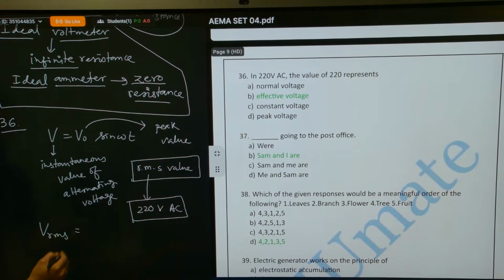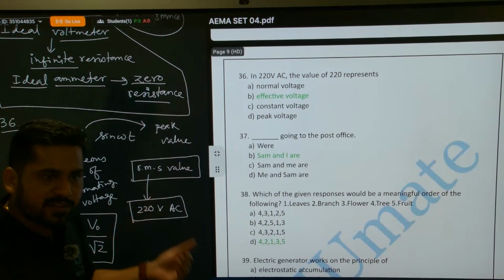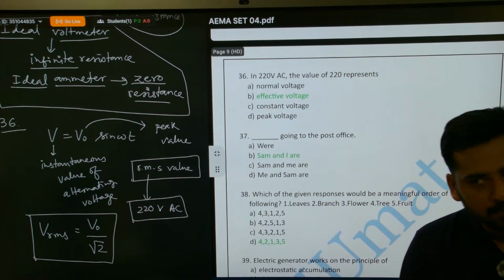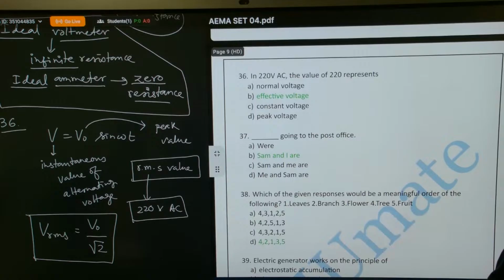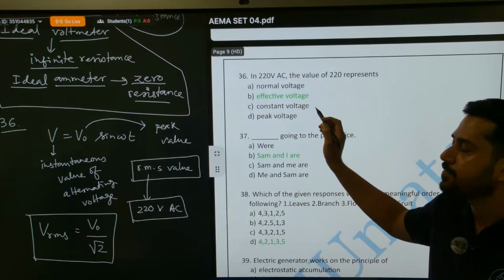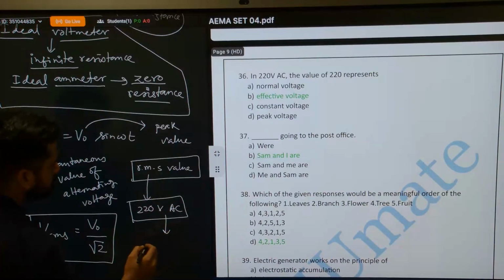The relation is peak value divided by root 2. Remember the formula. Whenever we refer to 220 volt AC or 100 volt AC, we are referring to the RMS value of the voltage, not instantaneous. Here they have written it as effective voltage.